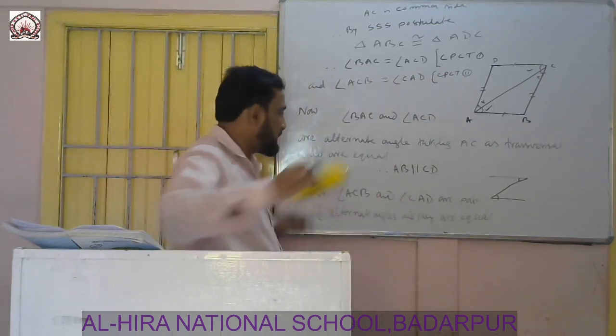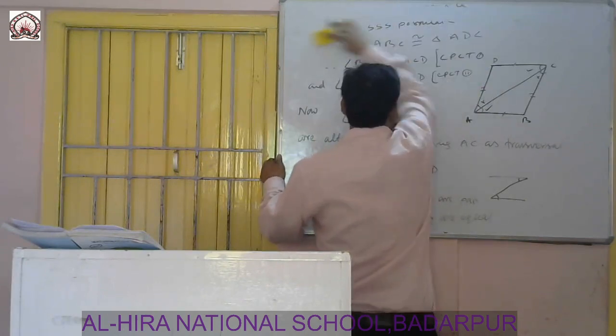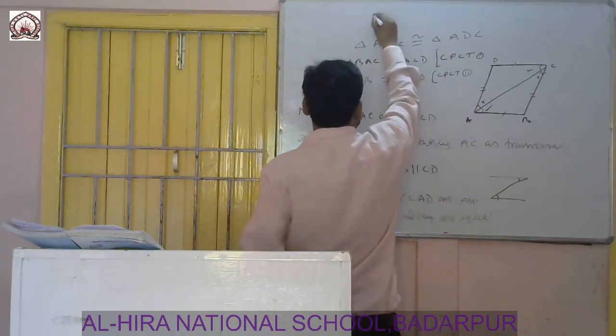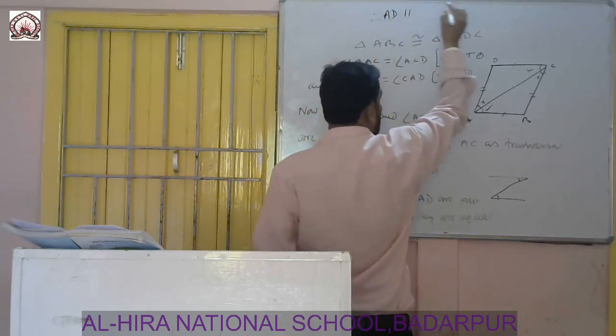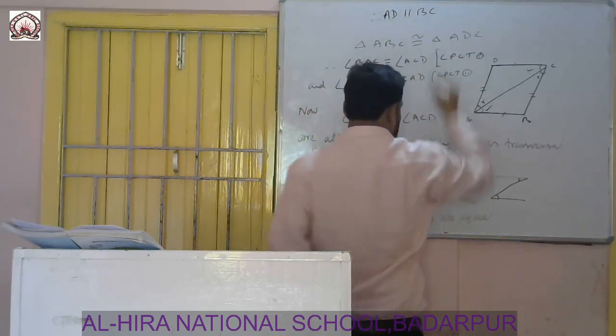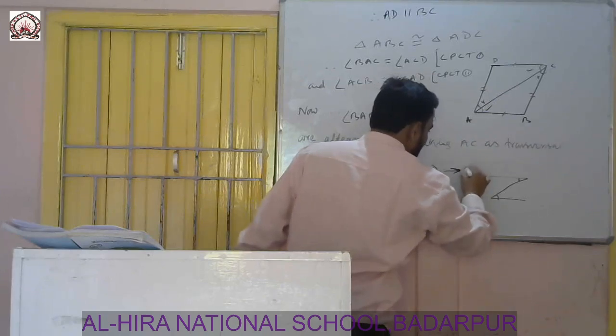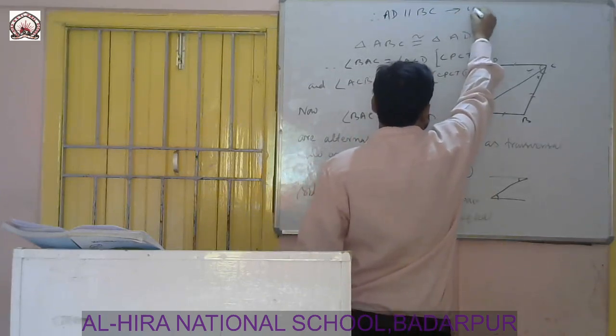Therefore, we can say that AD is parallel to BC. Call this number 1 and this number 2.